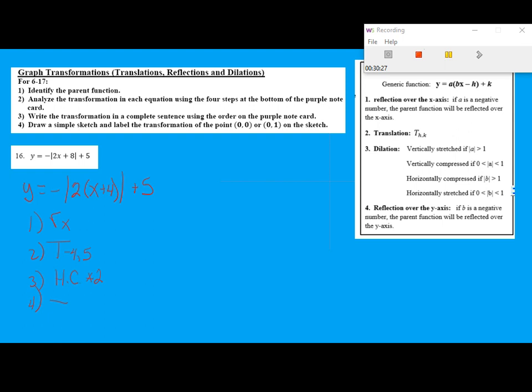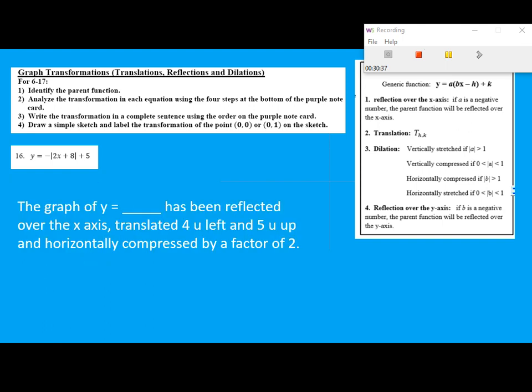But the key thing I wanted to pause and show you on that one, guys, is we got to factor that to get that translation. And of course, there's what your sentence would look like. The graph of the absolute value of x has been reflected over the x-axis, translated 4 units left and 5 units up, and then horizontally compressed by a factor of 2.